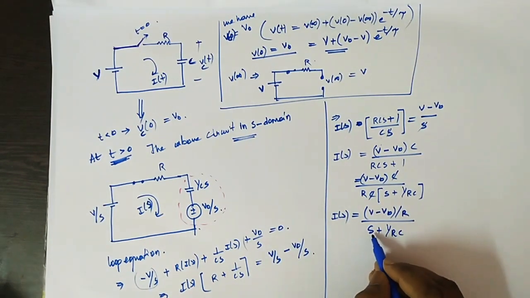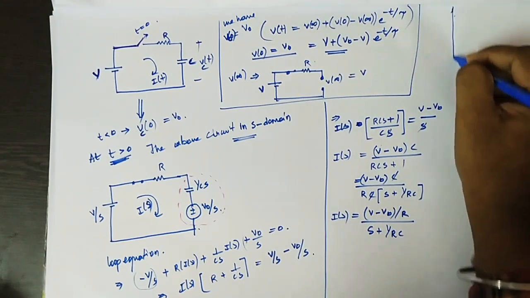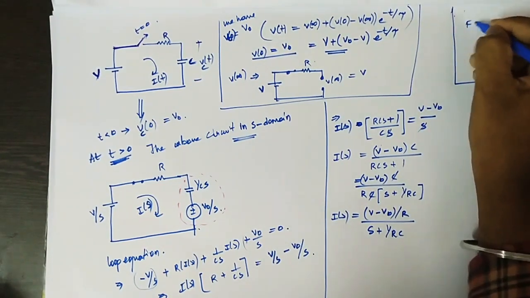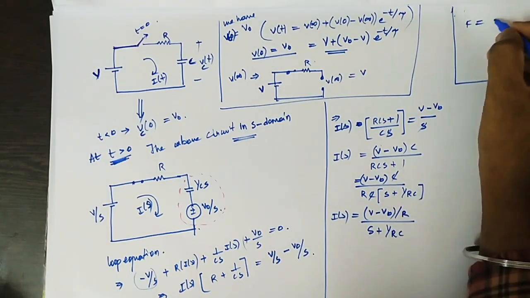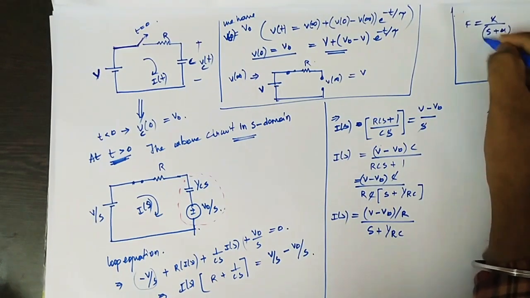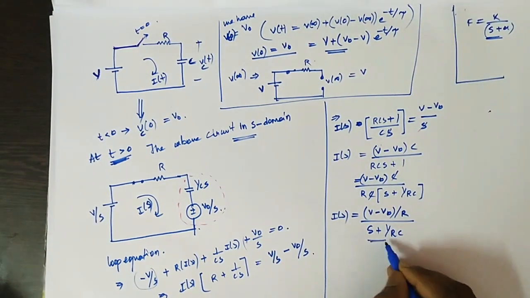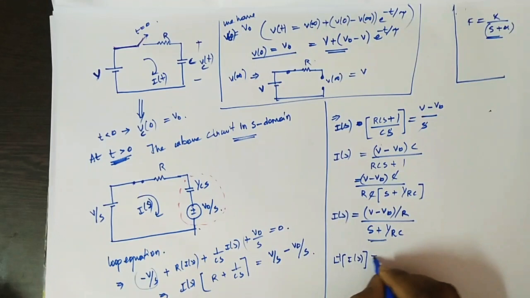So you need to represent it here. The main idea is the transfer function. This should be in the form of some constant k by s plus a. Now Laplace inverse of I of s equal to what?